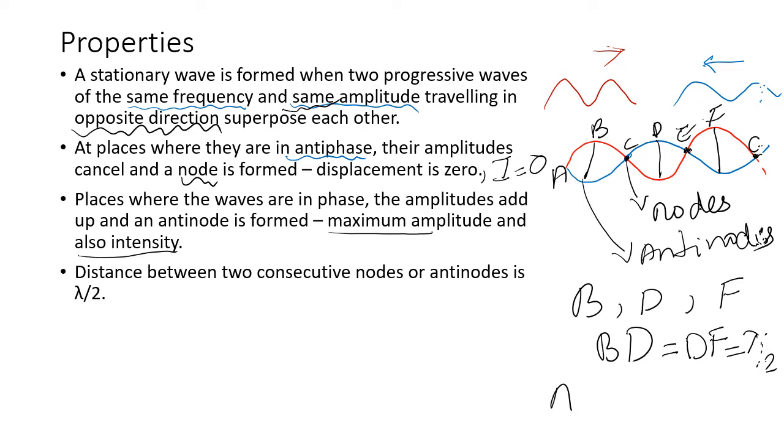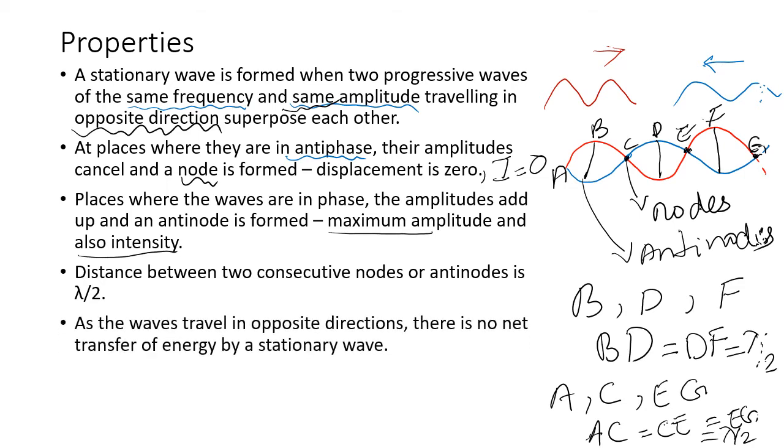Then A, C, E, and G are nodes, so AC equals CE equals EG, and all of these are equal to lambda over 2. The distance between any two consecutive nodes or two consecutive antinodes is lambda over 2.